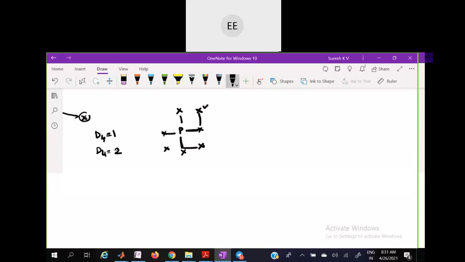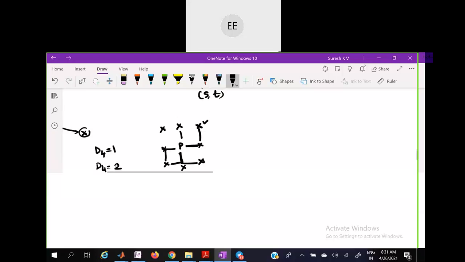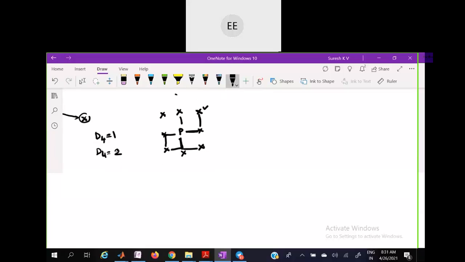Again, this pixel has d4 distance equal to 2, one like this, one like this. And what else? This pixel has distance two, because one here, one here. This pixel has distance two, one here and one here. Now notice this shape.